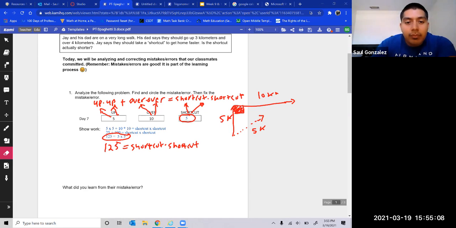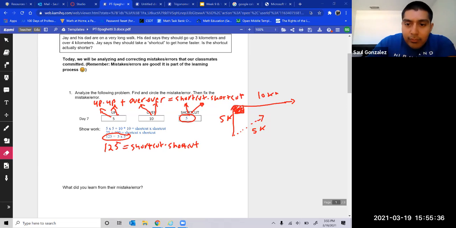Now I'm thinking, what number? The shortcut multiplied by the shortcut has to give us 125. So I noticed that 125 is not a square number. So I'm wondering how I can come up with a number multiplied by the same number to get us 125.